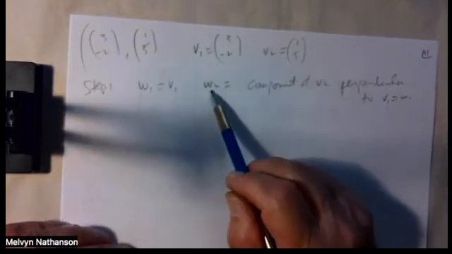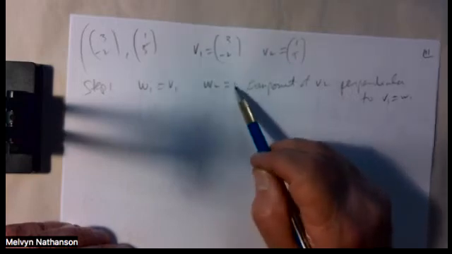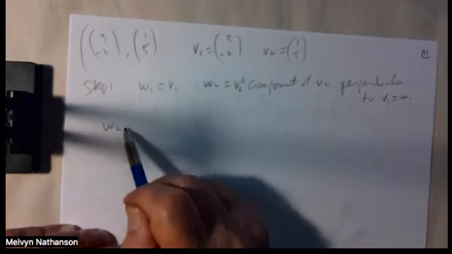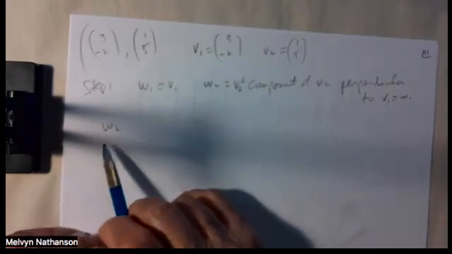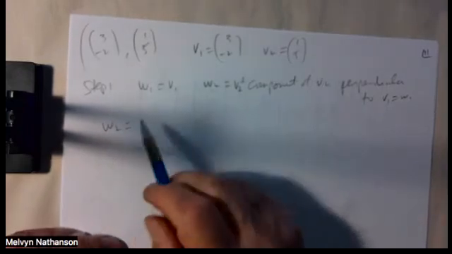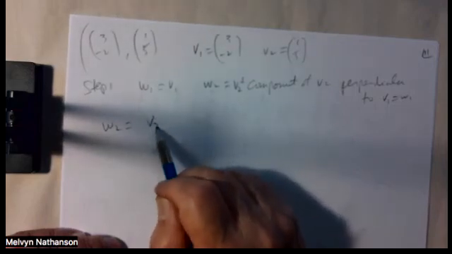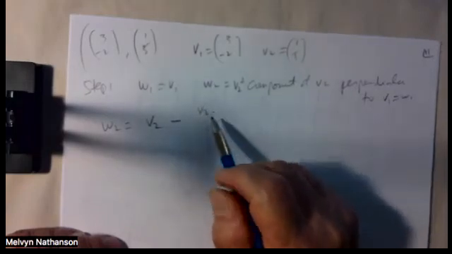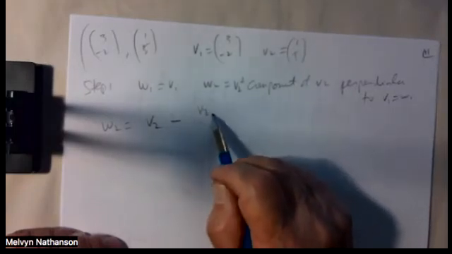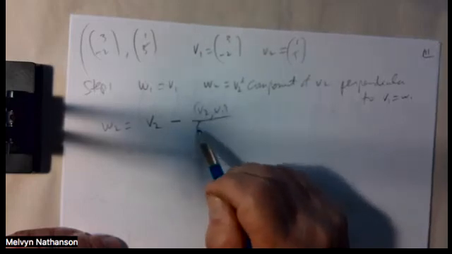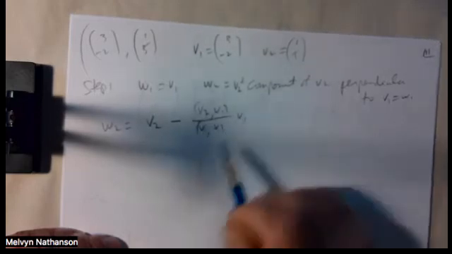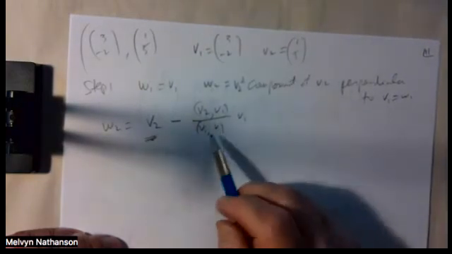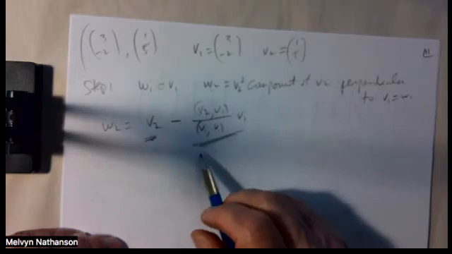And so W2 is going to be V2 perp, this perpendicular component. So to get the perpendicular component, it's V2 minus the parallel component. So I take V2 minus the inner product of V2 and V1 over V1 inner product V1, times V1. So this is V2, and this is the parallel component that I'm subtracting off.